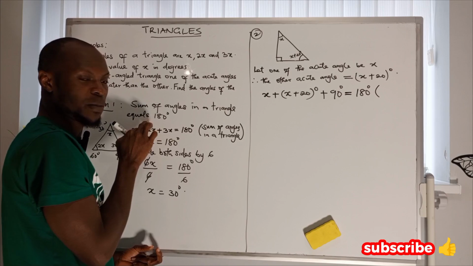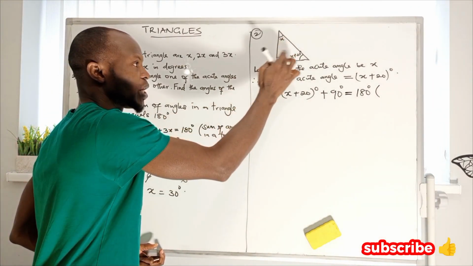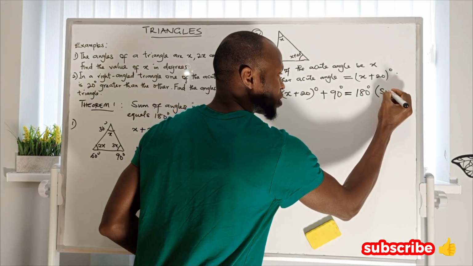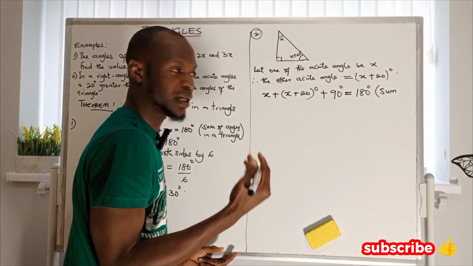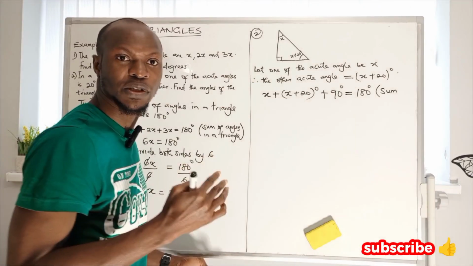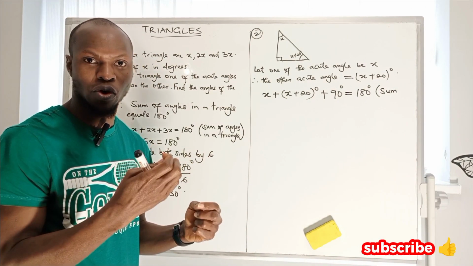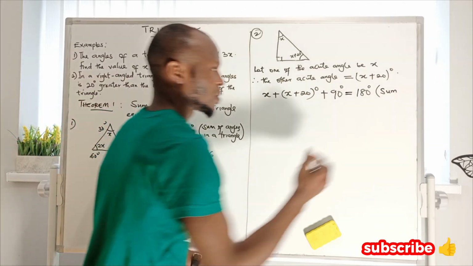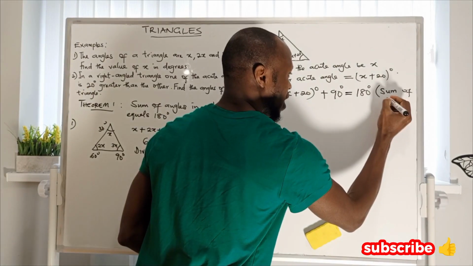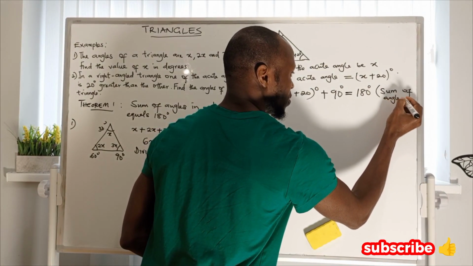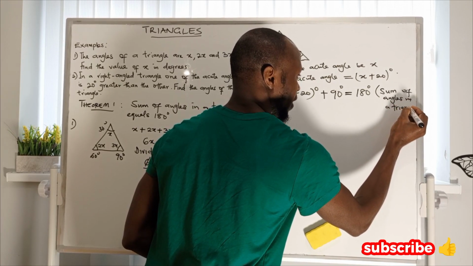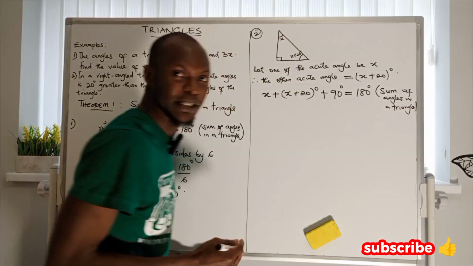Why? Because of the theorem that told us that all the angles in a triangle will be equal to 180 degrees. You need to put the reason to earn you more marks in mathematics. In angles, you must be able to prove to us why you are telling us that something is equal to something. Okay? Sum of angles in a triangle. Okay? I hope you are getting it.